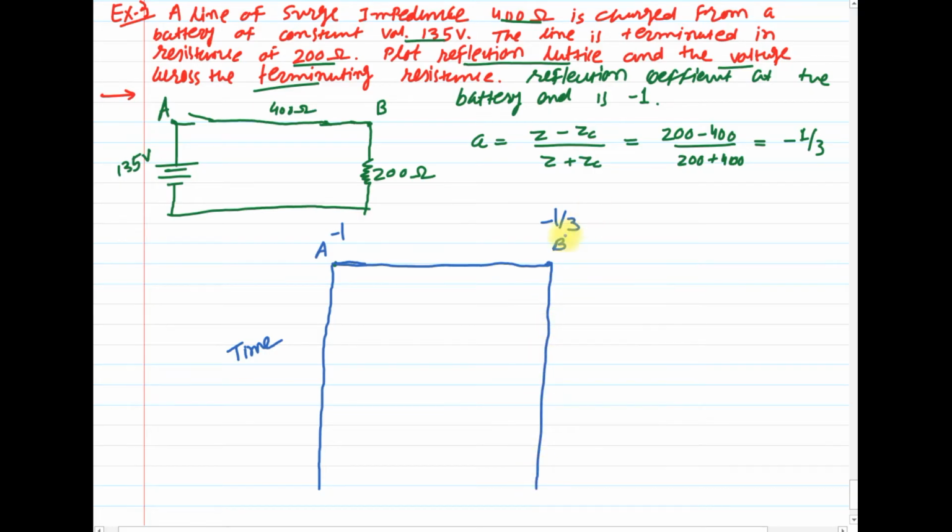Now let us discuss why it is given over here as -1: because the battery voltage is constant. As we know very well, the battery voltage is constant, and any wave which reaches the battery must be nullified by an equal and opposite wave. And that's why we have considered a -1 here.